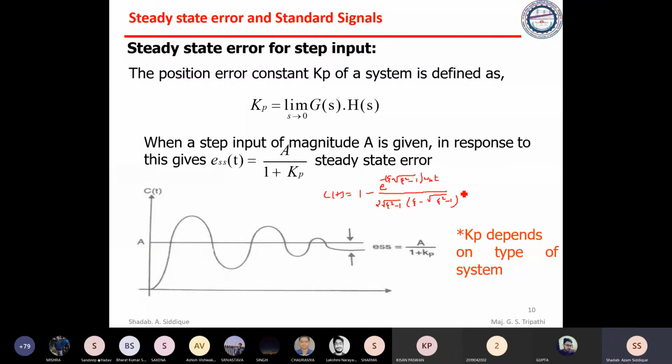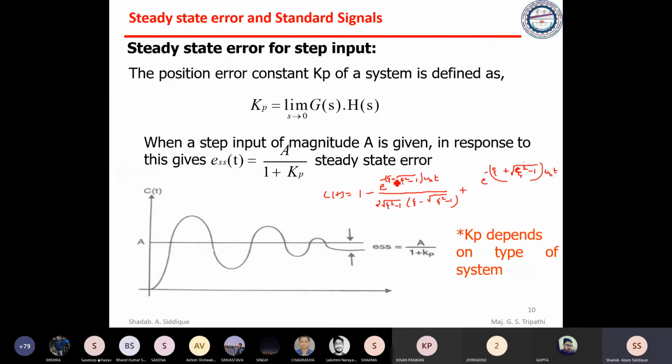So this is the equation, plus the exponent of this is zeta, and plus e to the power square root of zeta square minus 1 omega n t.